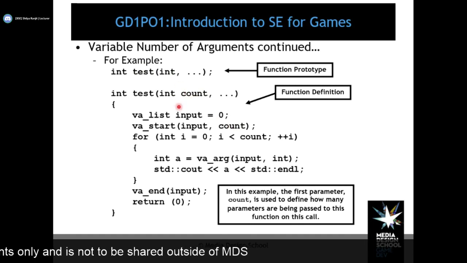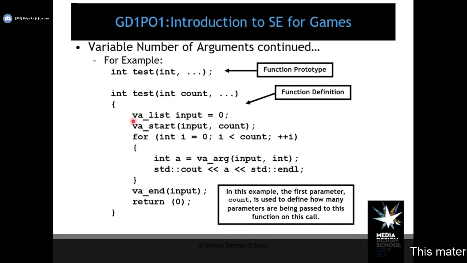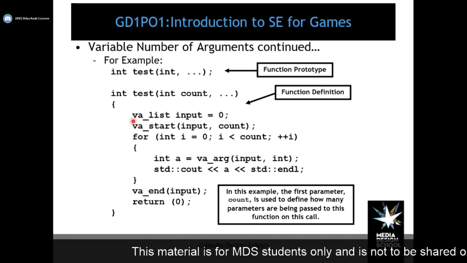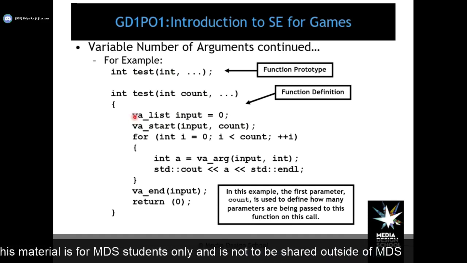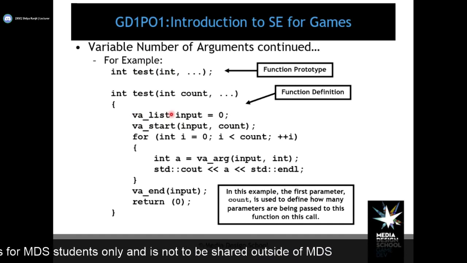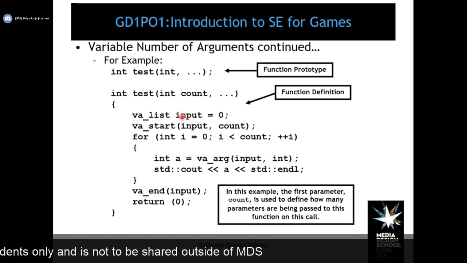So first one is your count, and then you declare a va_list. va_list is basically a data type, like a structure, that has been created in order to store all the arguments that you pass.